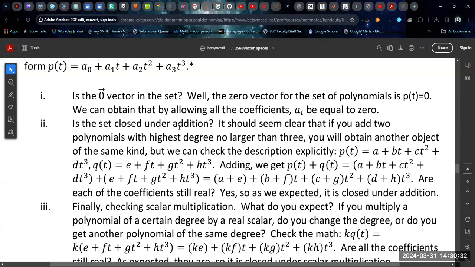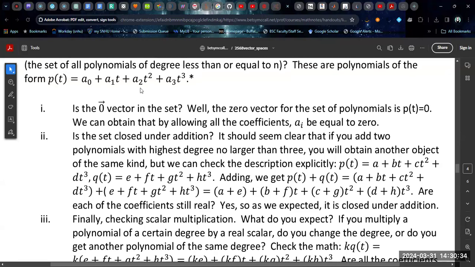Is the set closed under addition? Well, if I add two polynomials that are both degree 3 or less, the resulting polynomial is also going to be degree 3 or less. So here's a dummy polynomial, a plus bt plus ct squared plus dt cubed.